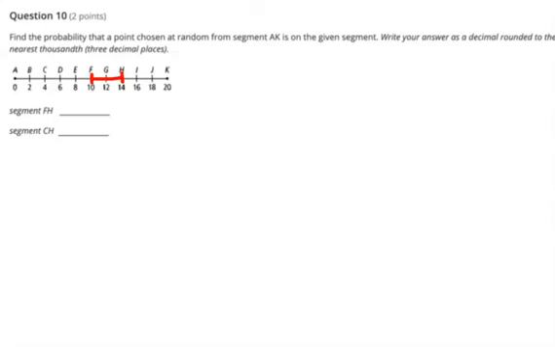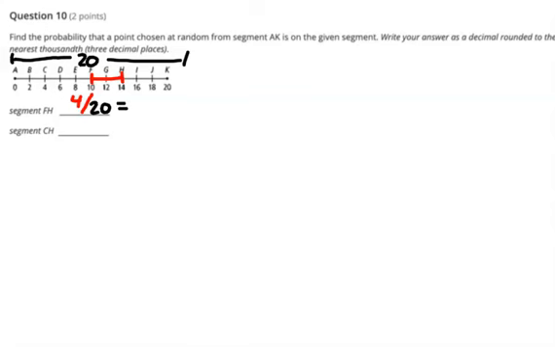Okay, so segment FH, we have 4 divided by, okay, what we want is the entire segment on the bottom. So the entire segment here has a length of 20. It's 20 minus 0. So that's the bottom of our fraction. Okay, so what we have is 4 over 20.